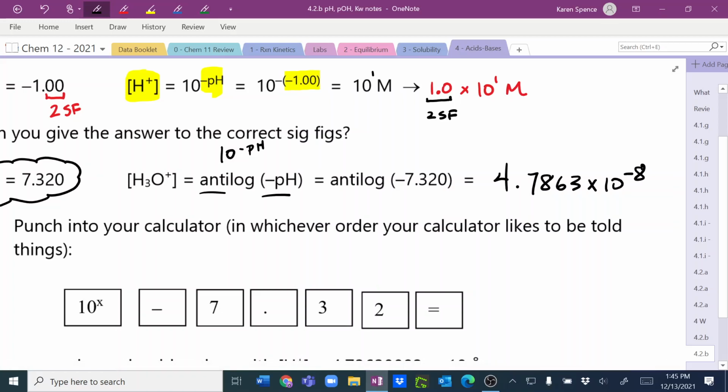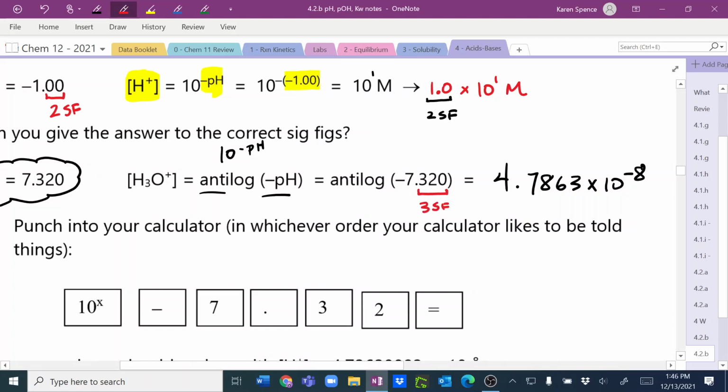Are we loving my answer? Is the number okay? Number's okay. What's wrong with it, though? Sig figs. How many sig figs? 3.